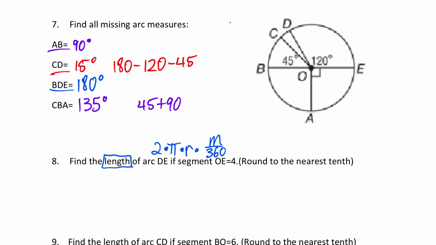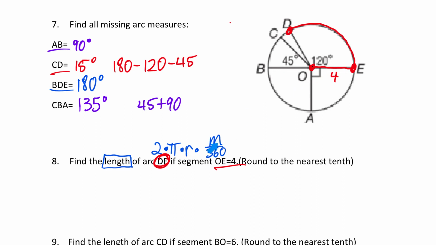Okay? So on this one, it's asking for the measurement of arc DE. So here's arc DE right here. Make sure you pay attention to that. And it says that OE is 4. So I just put that 4 on there. So with that information, what is the R for this one? 4. That's the radius.